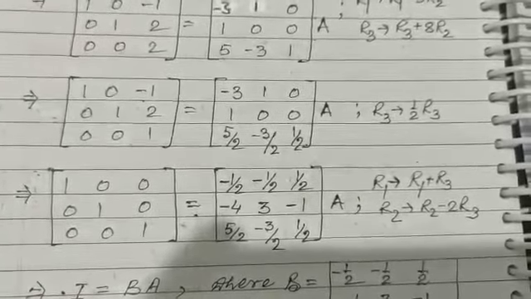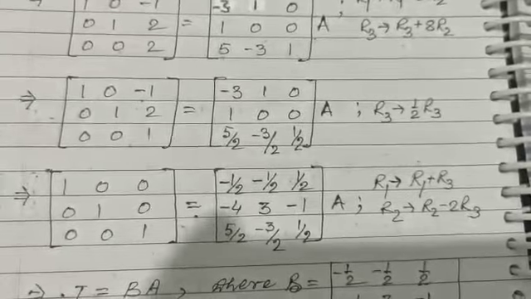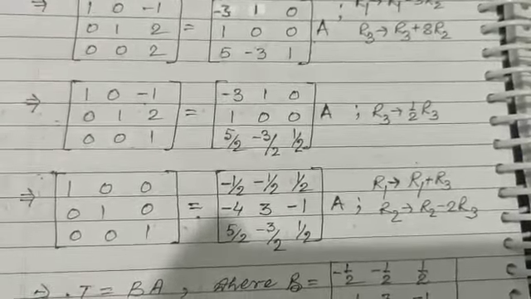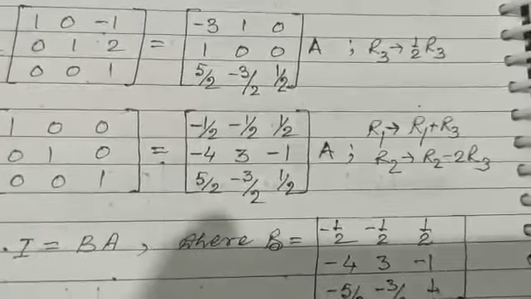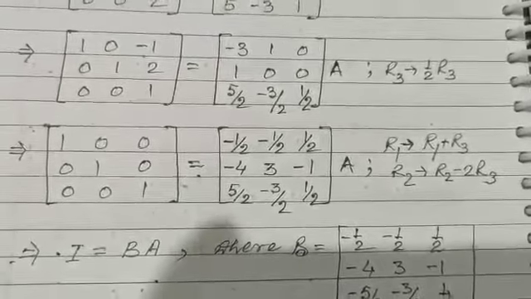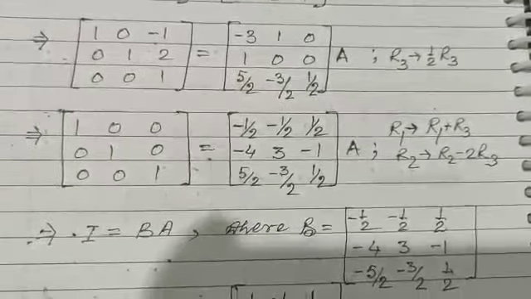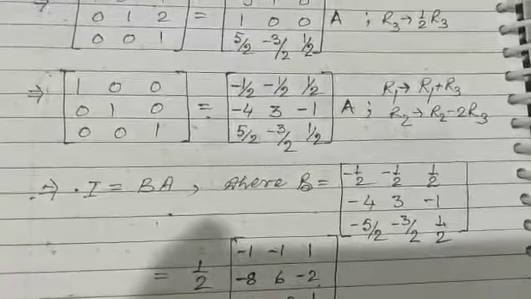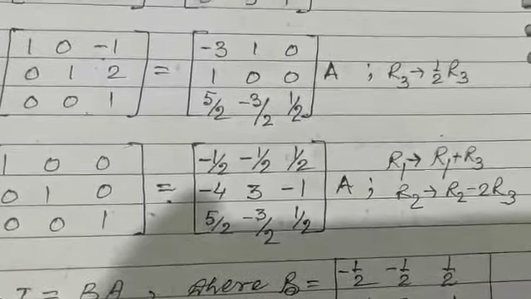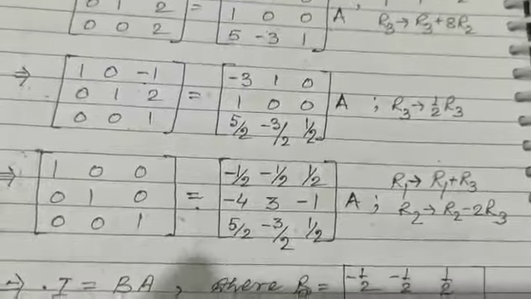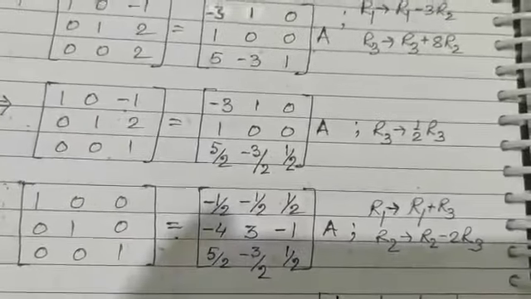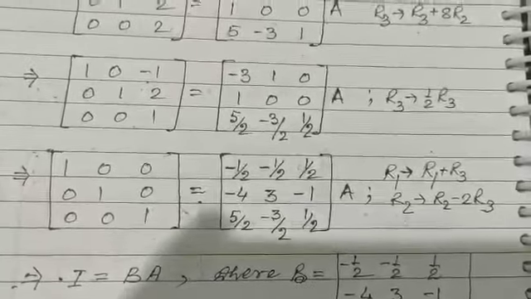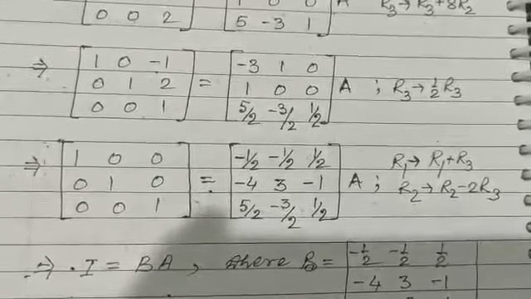So if we multiply the third row by 1 and add it to the first row, that is R1 is R1 plus R3, and R2 is R2 minus 2R3, then we will get the left hand side matrix as the identity matrix 1 0 0, 0 1 0, 0 0 1. The corresponding operations give you the matrix on the right hand side written here: minus 1 by 2, minus 1 by 2, 1 by 2, minus 4, 3, minus 1, 5 by 2, minus 3 by 2, 1 by 2.